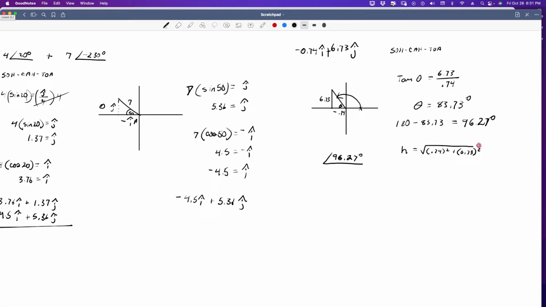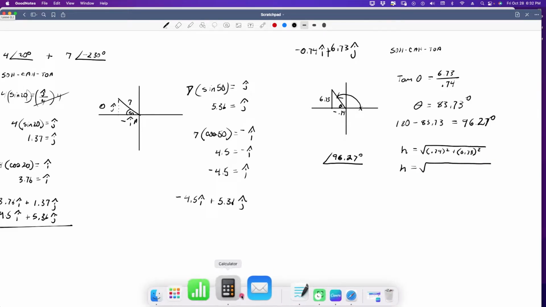6.73 squared. So what I want you to notice is that normally we wait until the end to unsquare the h and unsquare this side. We're just doing it from the very beginning, so we have h already by itself. So now h is equal to the square root of, and we just plug in our values.